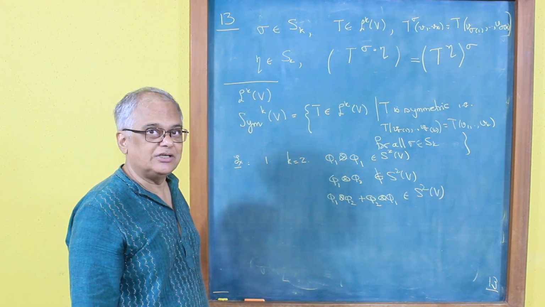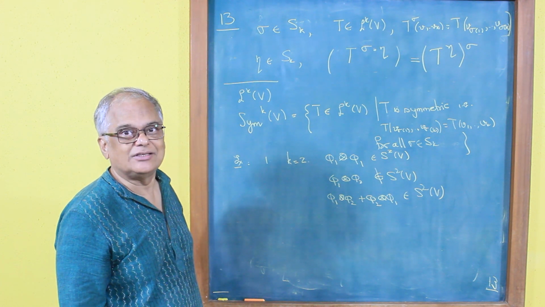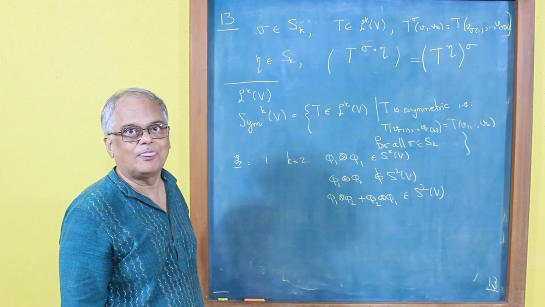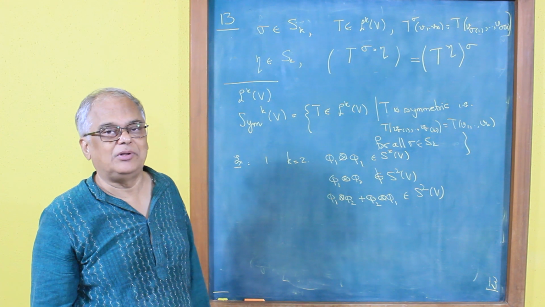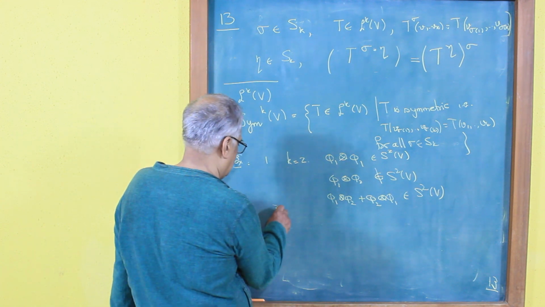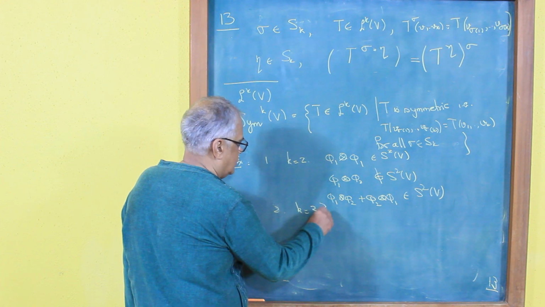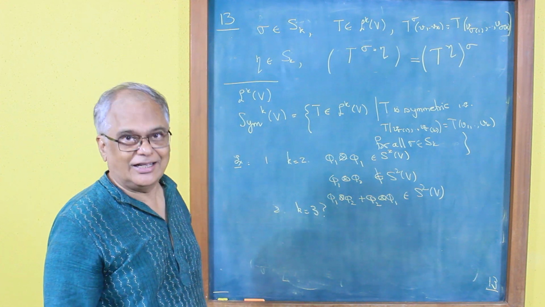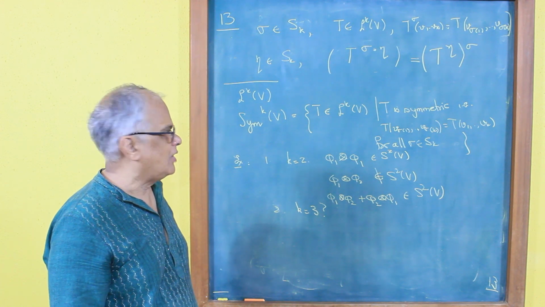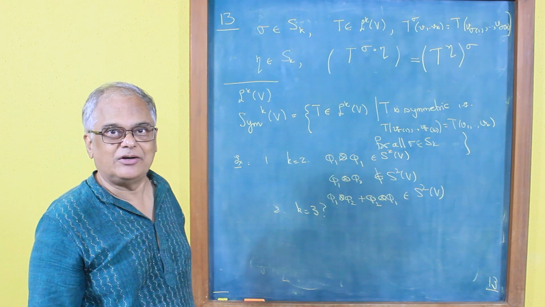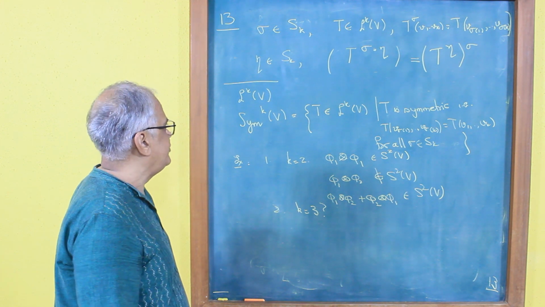Phi1 tensor phi2 is not symmetric, but phi1 tensor phi2 plus phi2 tensor phi1 is symmetric. Okay? Similarly, you should get something, for example, in S3. What will you write down in S3? Think about this, and you have to do some exercises to find out which is symmetric and which is not. So this is what I mean by Sym^k.